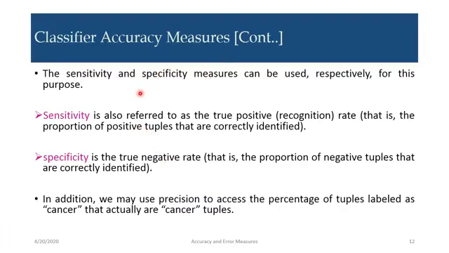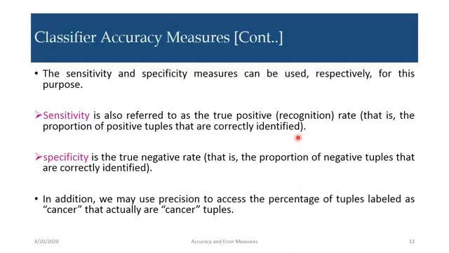Now, the sensitivity and specificity measures can be used respectively for this purpose. So here, what is sensitivity? It is referred to as the positive recognition rate, that is the proportion of positive tuples that are correctly identified as positive tuples.